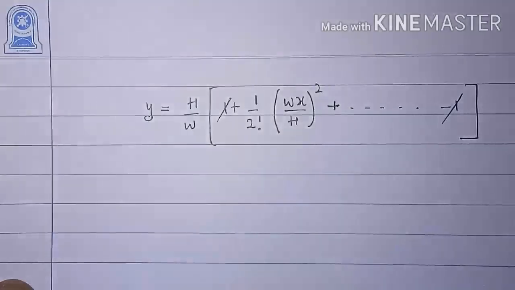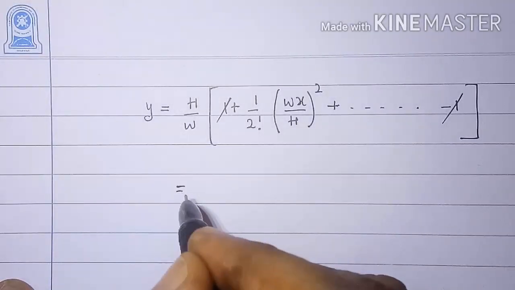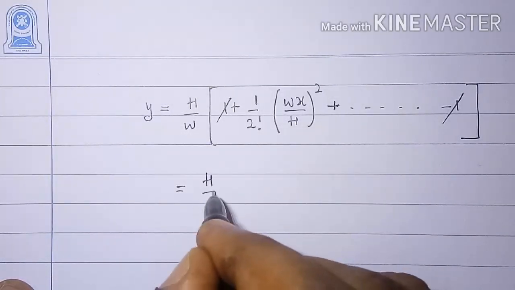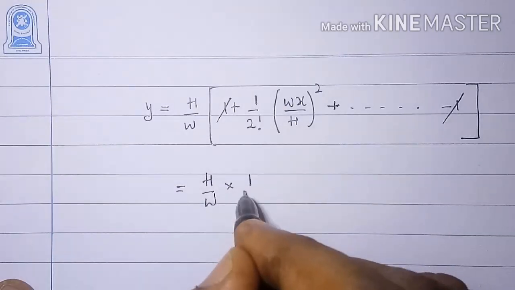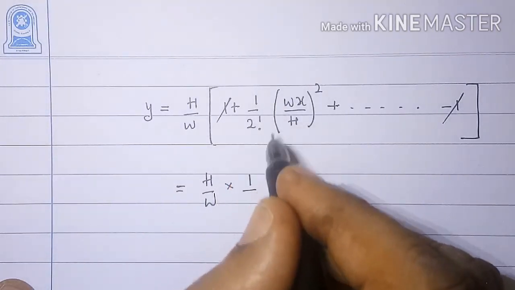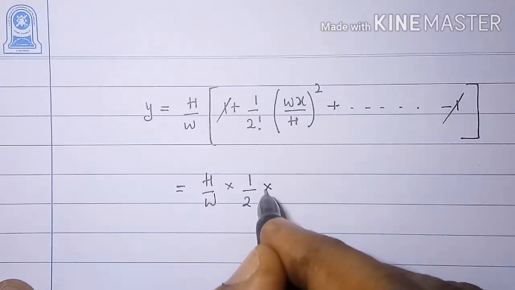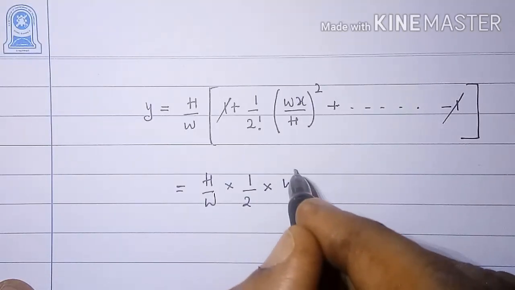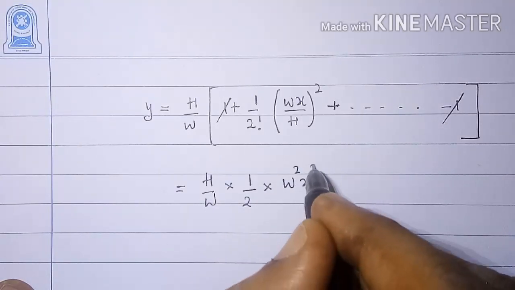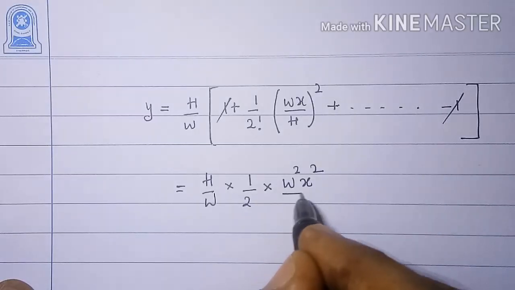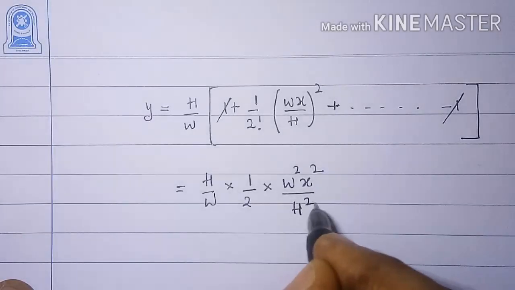Minus 1 and plus 1 will cancel. So we will have h by w into 2 factorial is 2 into 1, that is 2 only, into w square x square upon h square.